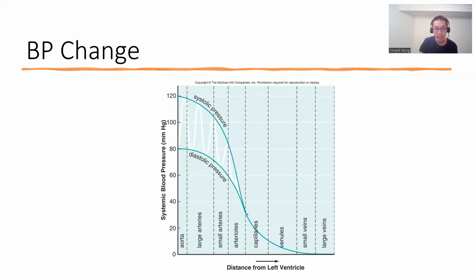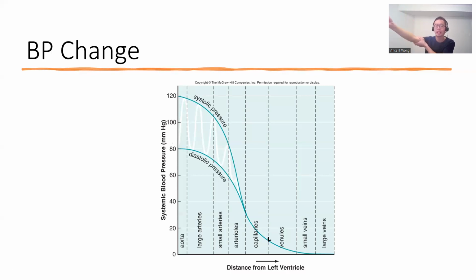So you can see at the beginning of the capillaries, the arterial side, that's around 30. After passing through the capillary, it drops down to about 15, which is what we had in the notes. The further away you are, the lower the pressure. And when we are measuring the blood pressure, we put the cuffs here, right?